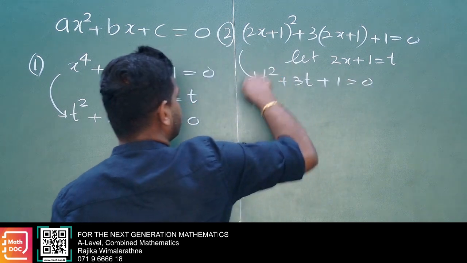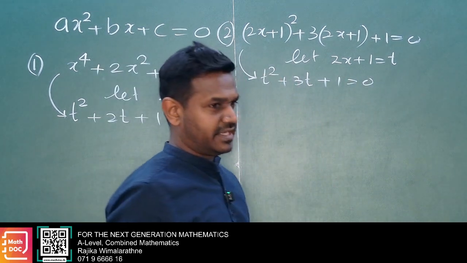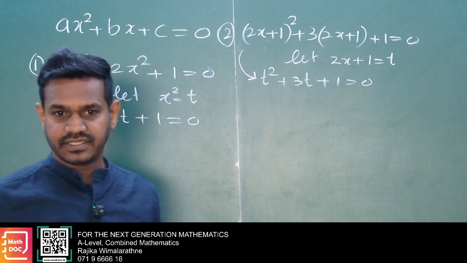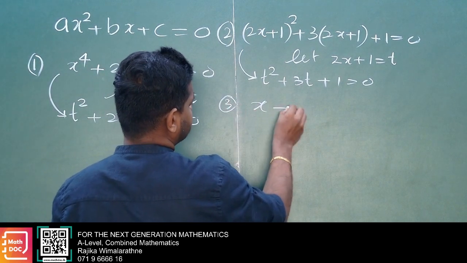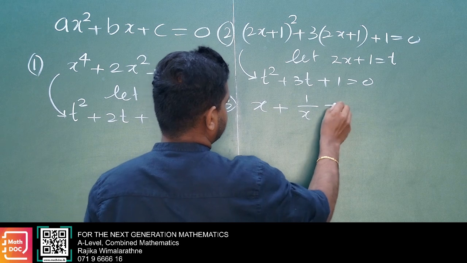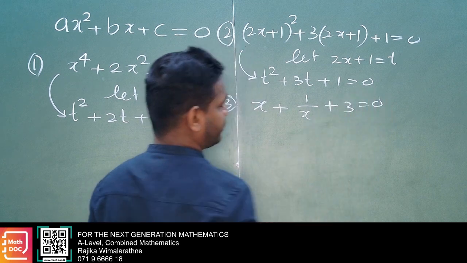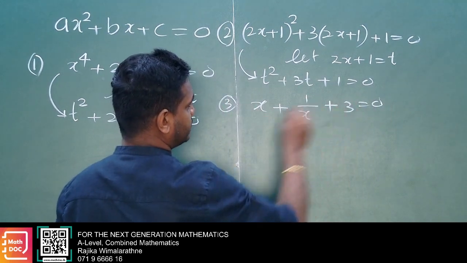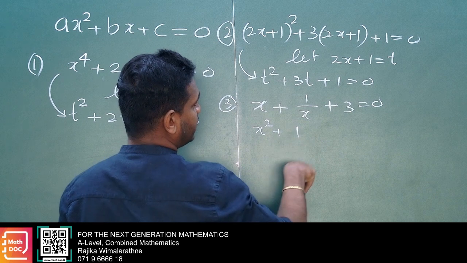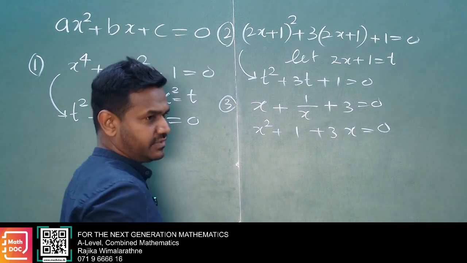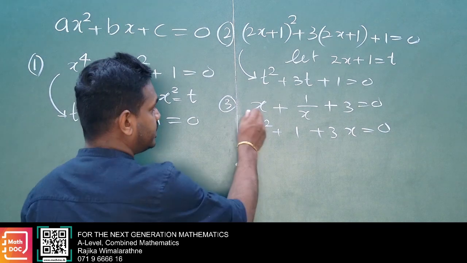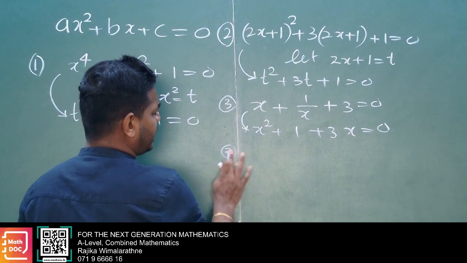Now that is quadratic format, we can reduce to quadratic. Consider the third, x plus 1 over x plus 3 equals 0. You multiply by x, then x squared plus 1 plus 3x equals 0. Now it is quadratic, no? Consider the fourth relation.